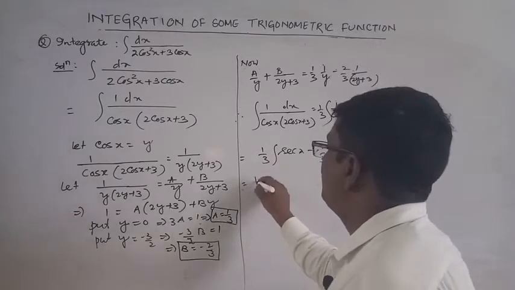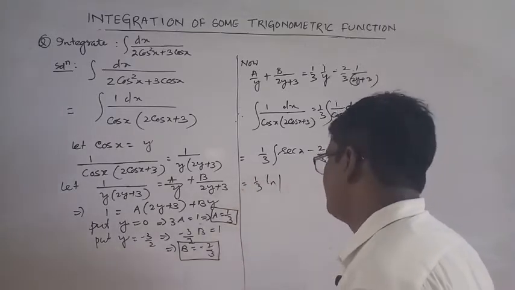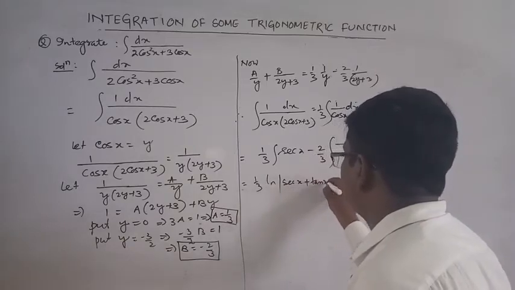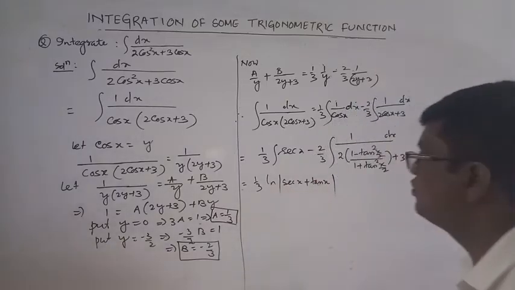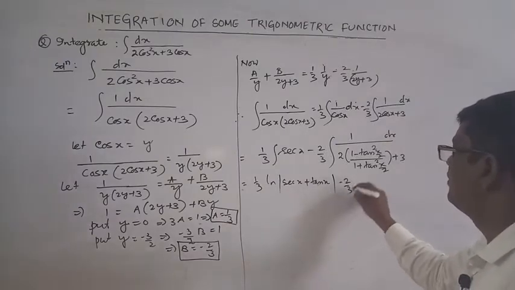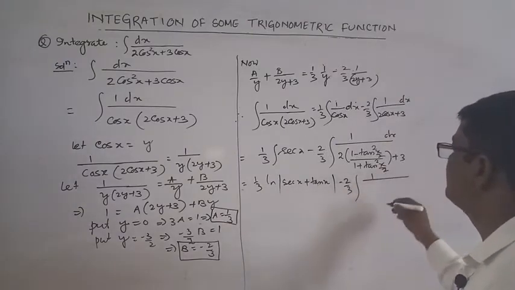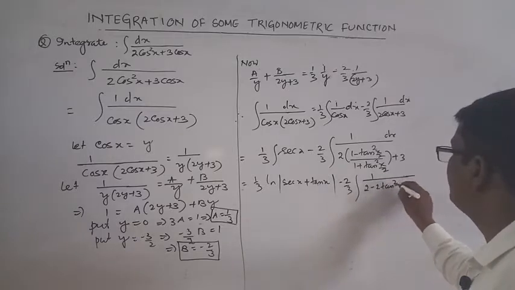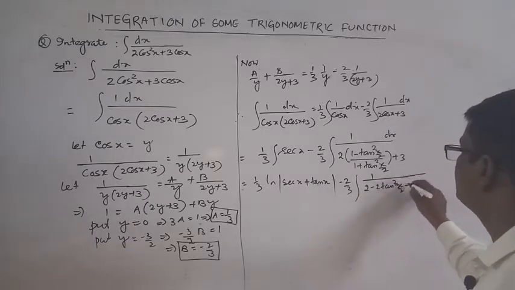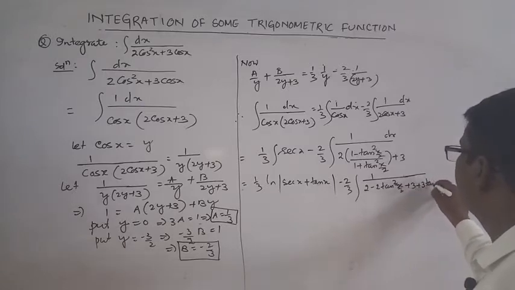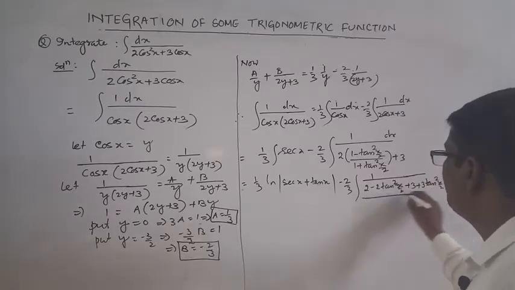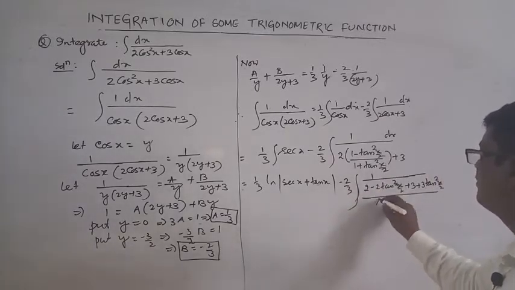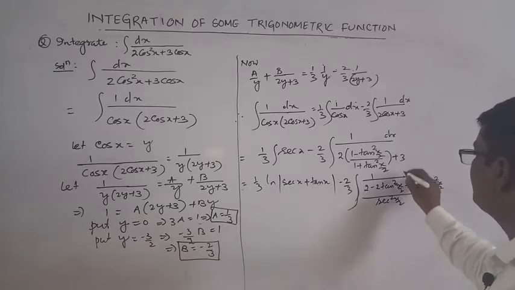So this is equal to 1 by 3 into log of sec x plus tan x minus 2 by 3 into 1 by (2 minus 2 tan square x by 2 plus 3 tan square x by 2), divided by 1 plus tan square x by 2, which means sec square x by 2, into dx.